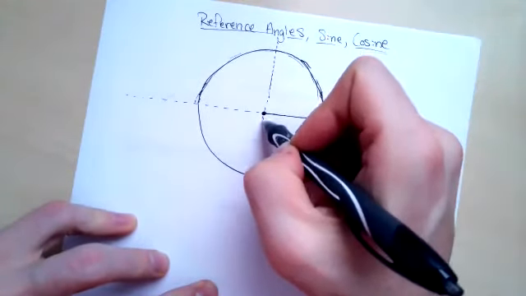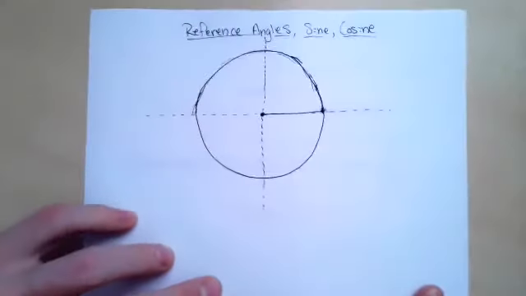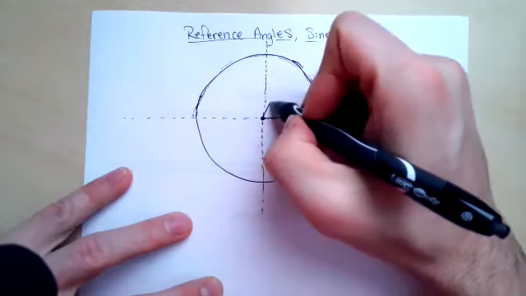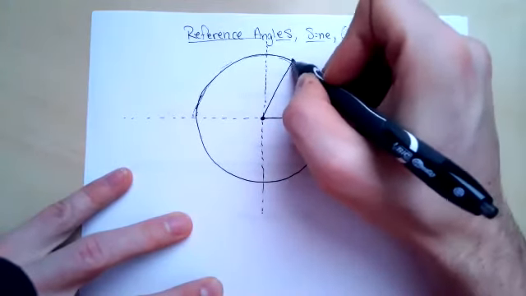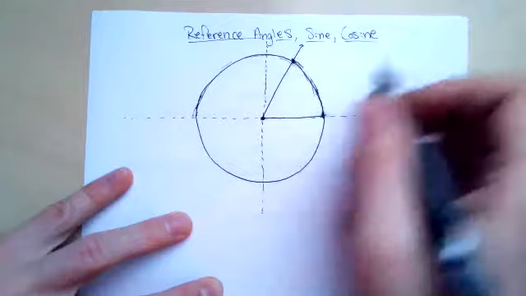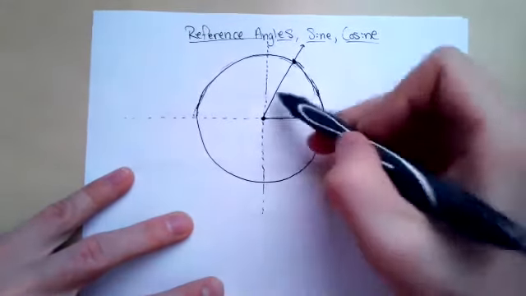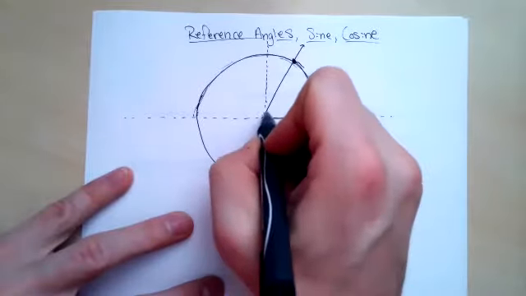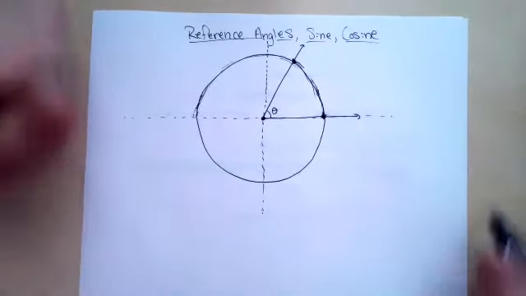So we consider the center of the circle right at the origin. And we have some angle. It's going to intersect the circle. Of course, one side is along the x-axis, the other one somewhere else. And it's going to have some angle, theta.